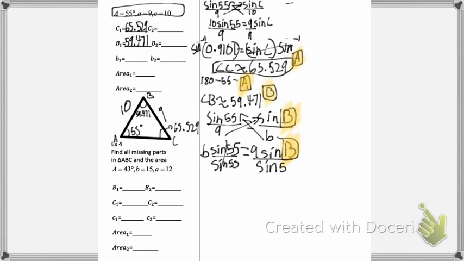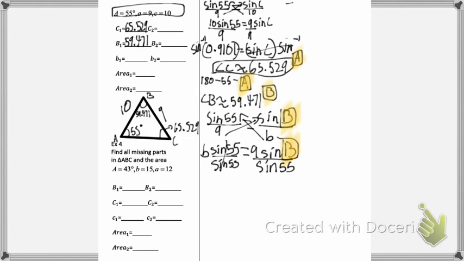Sine 55. So let's do that in my calculator. 9 sine B divided by sine 55.